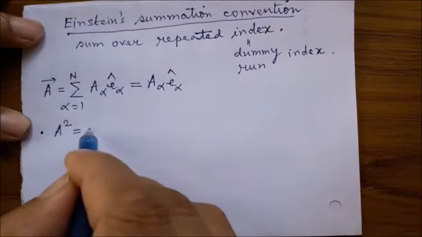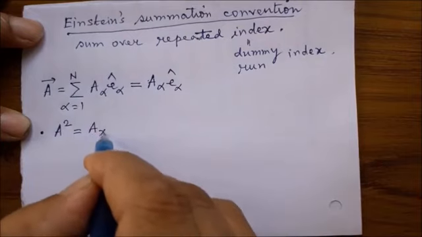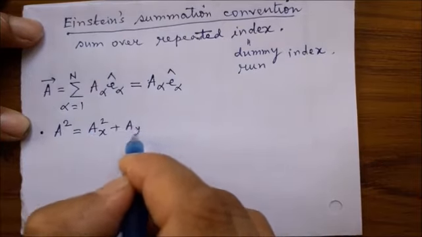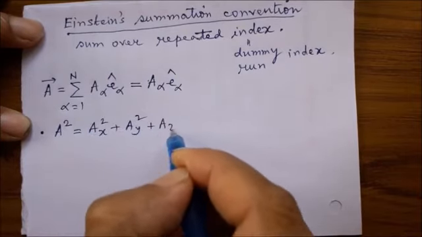A square, let us write it in this way: A square equals Ax square plus Ay square plus Az square.